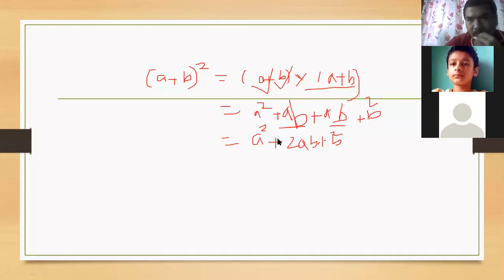And if it is a minus b, then you will get a square minus 2ab plus b square.